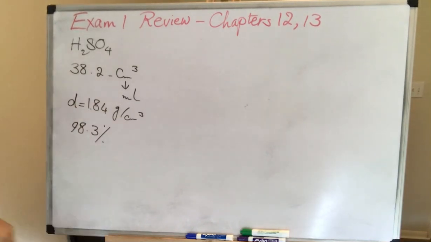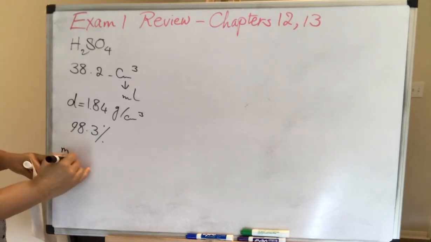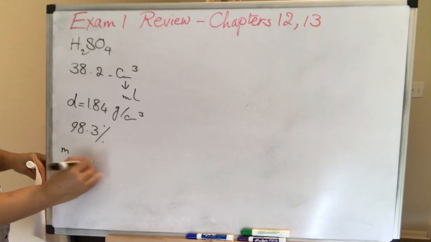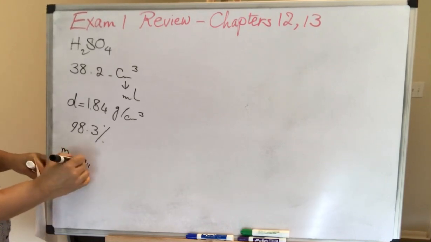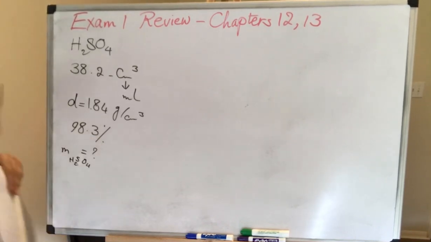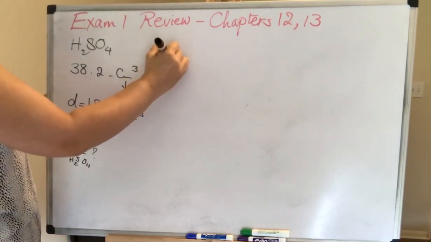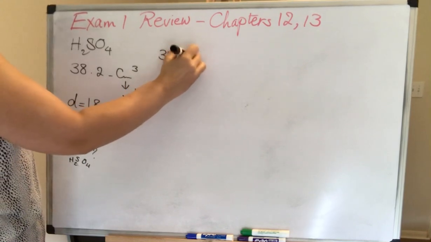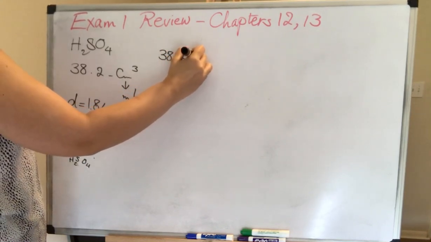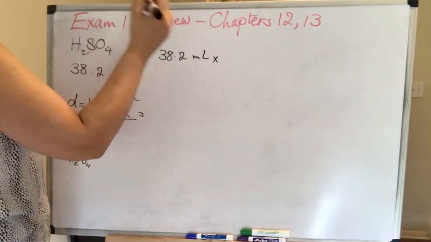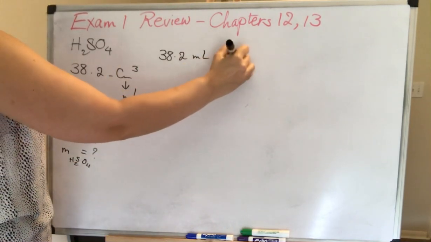and consists of 98.3% sulfuric acid. So what you do here is that you need to find the mass of H2SO4. So why don't you multiply 38.2 milliliter by the density, so it will give you the gram.